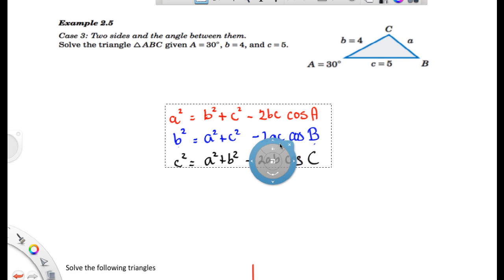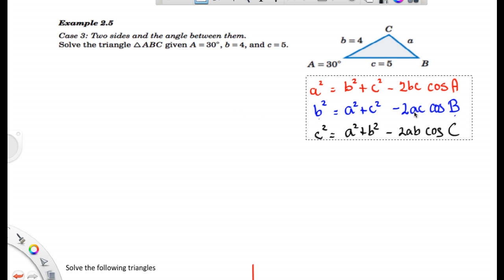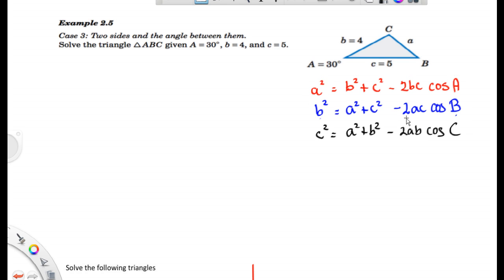Why did I do this? I want you to see something here. We're only given one angle, right? A is the only angle that we're given. And you have to use an angle. So because of that, I am going to have to use this one.